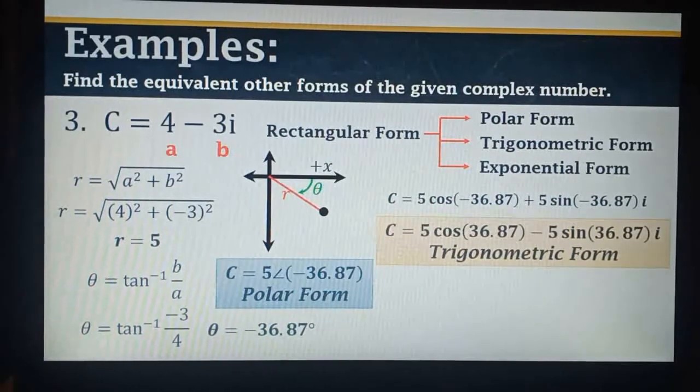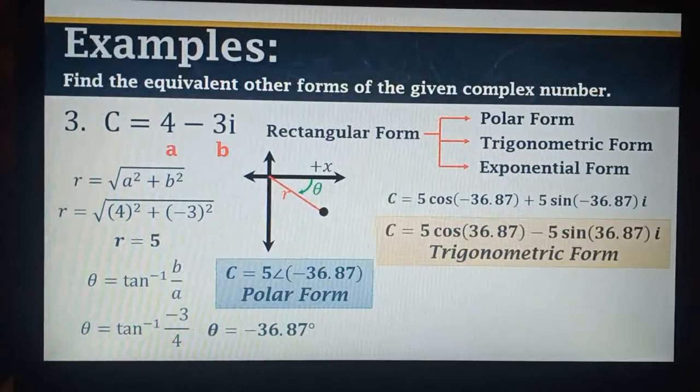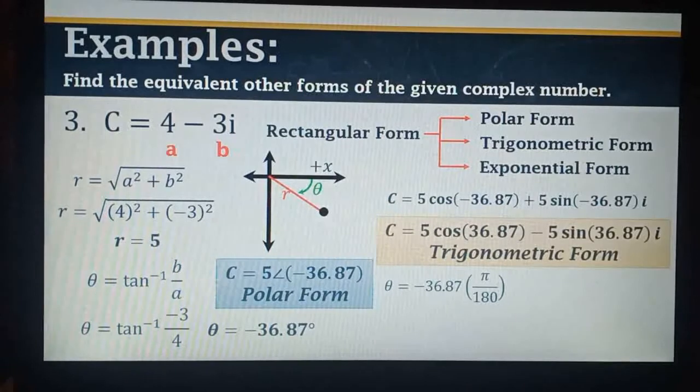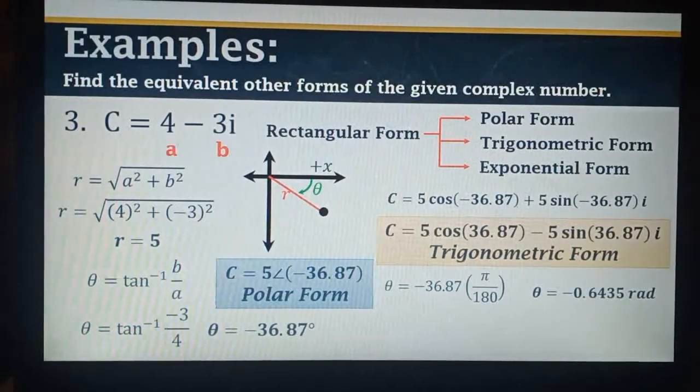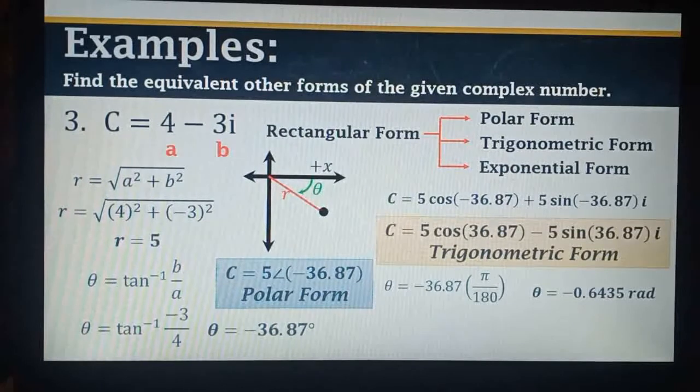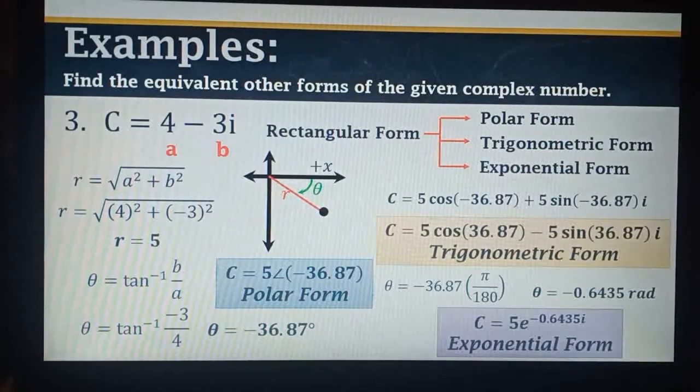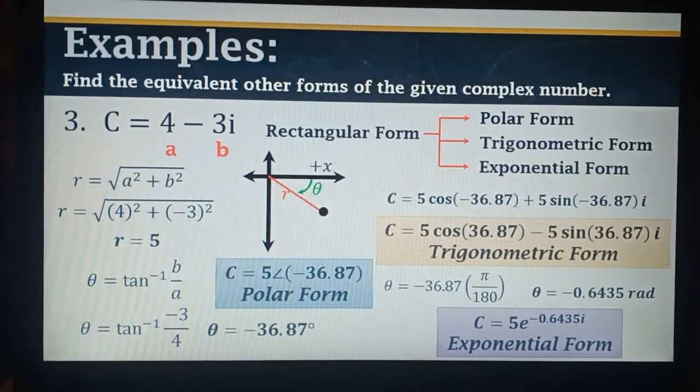Now you have the angle negative 36.87 degrees to be converted into radian, which can be multiplied into pi over 180. The value of the theta in radian is negative 0.6435 rad. So the exponential form is 5 e raised to negative 0.6435 I.